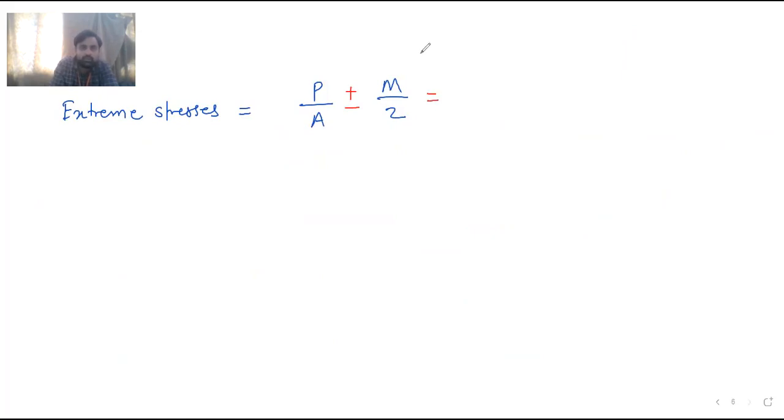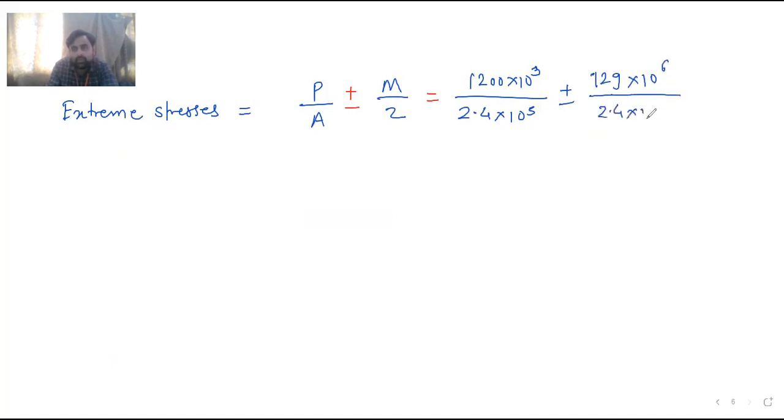Okay. Now put the values so that you will get the answer. So it is 1200 into 10 raised to 3 divided by 2.4 into 10 raised to 5 plus minus M by Z. M, what is the answer? 129. 129 into 10 raised to 6 divided by 2.4 into 10 raised to 7. Solve the brackets separately. Let me know the values of brackets. The first one is 5, already known.